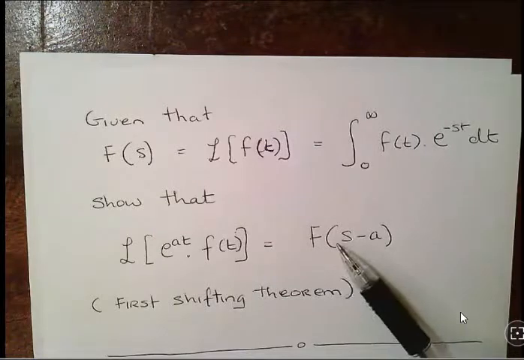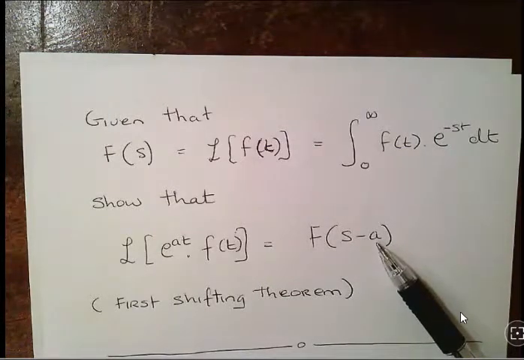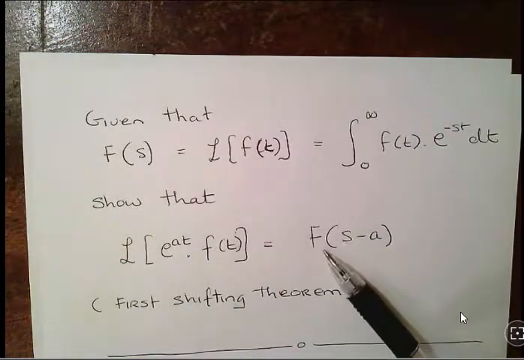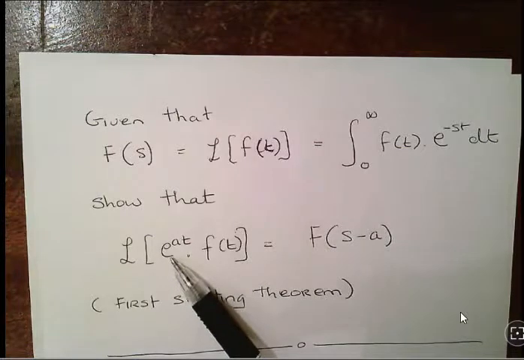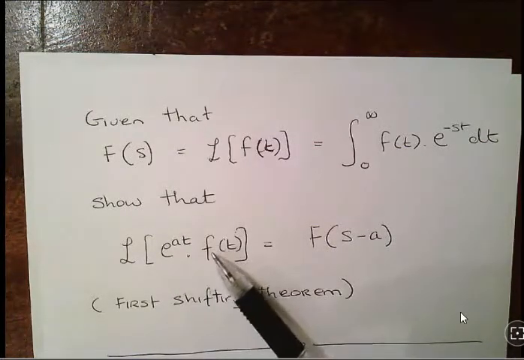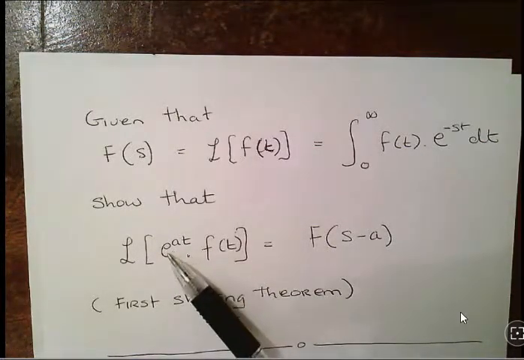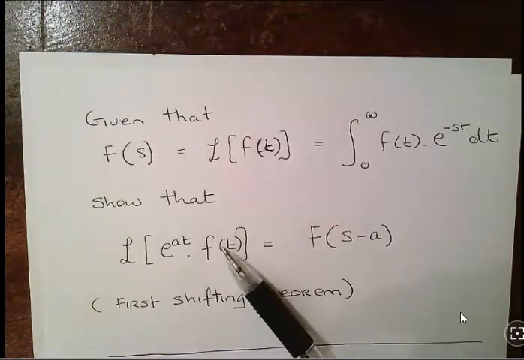So we have g of s minus 1. Here a is equal to 1. The inverse Laplace transform is e to the at times f of t, or as far as we're concerned, e to the at g of t.